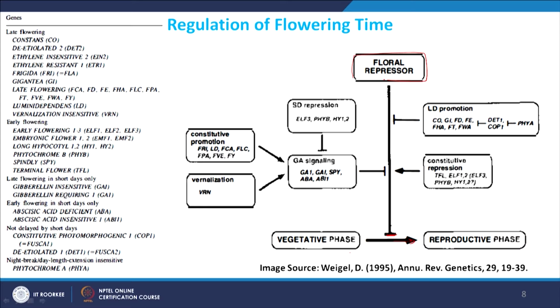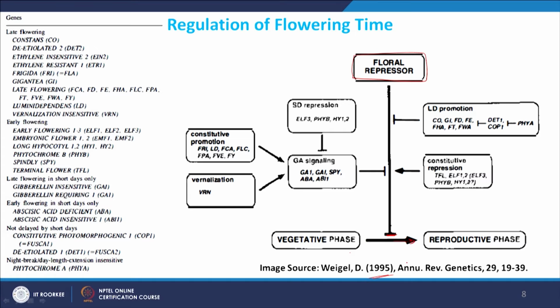This was hypothesized in 1995, when plant developmental biology was still at an early stage and people had started looking very carefully at it. At that time it was hypothesized that there has to be a strong repressing signal during the vegetative phase and a way to acquire the reproductive phase.